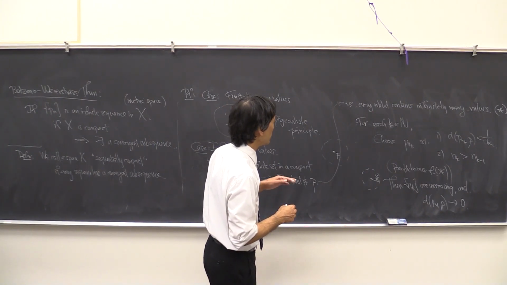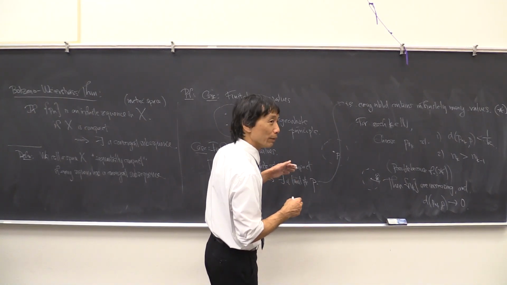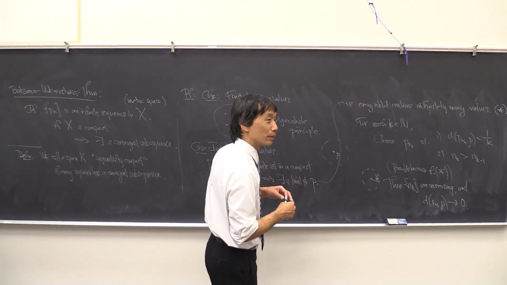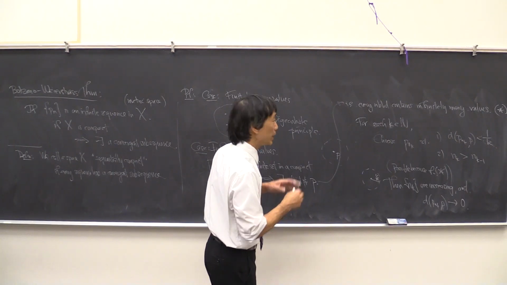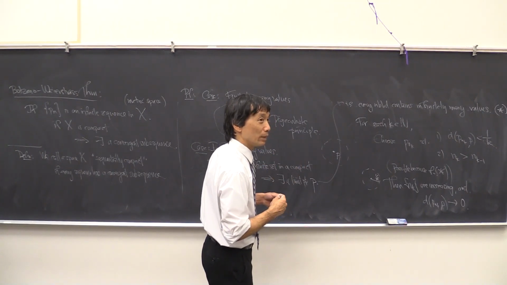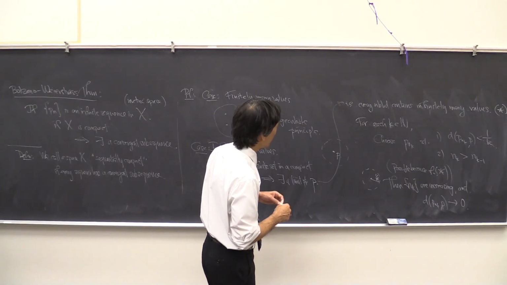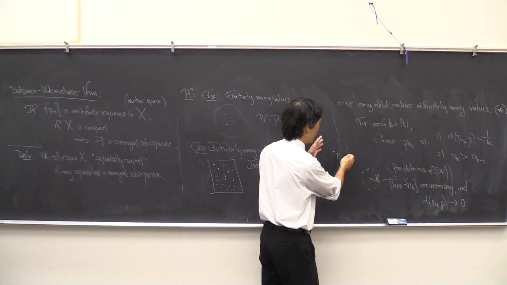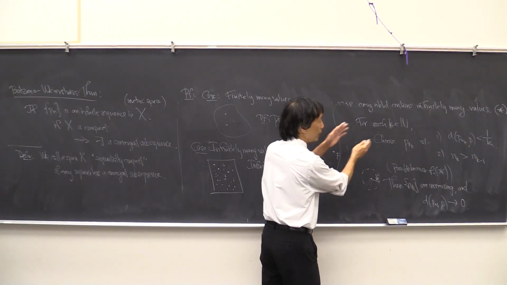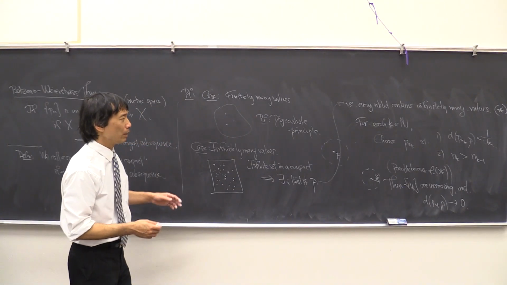So you construct the subsequence. How do you construct the subsequence? Oh, I see. You need to specify how you construct the subsequence. So maybe you're thinking to say something like, restrict yourself to only the points in that neighborhood, and then you still need to construct the subsequence.